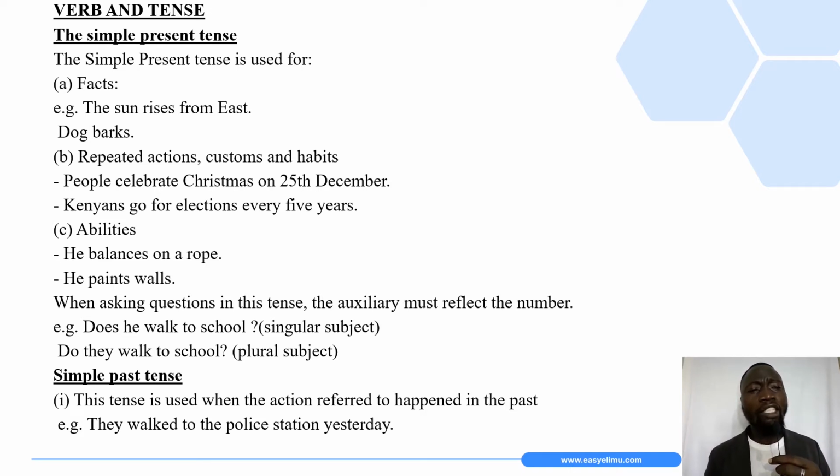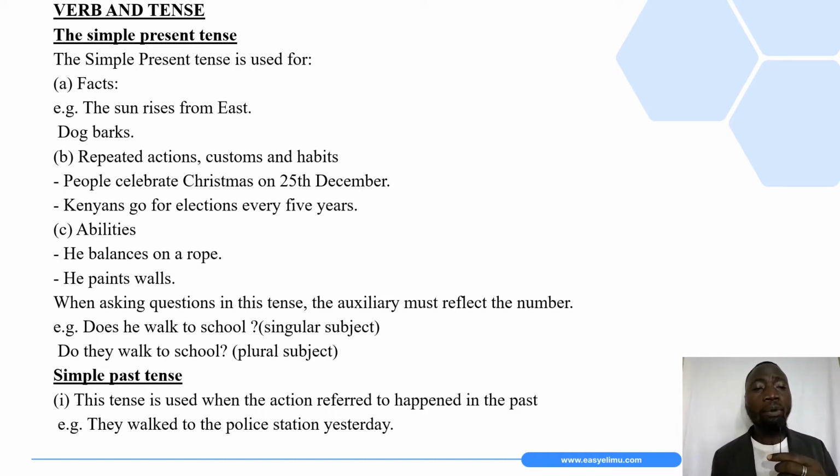So in our session under verbs and tenses, dear students, we are going to look at the various tenses that we have, beginning with the simple present tense. We are going to look at the uses of these tenses, and I will also look at how some of them are formed.